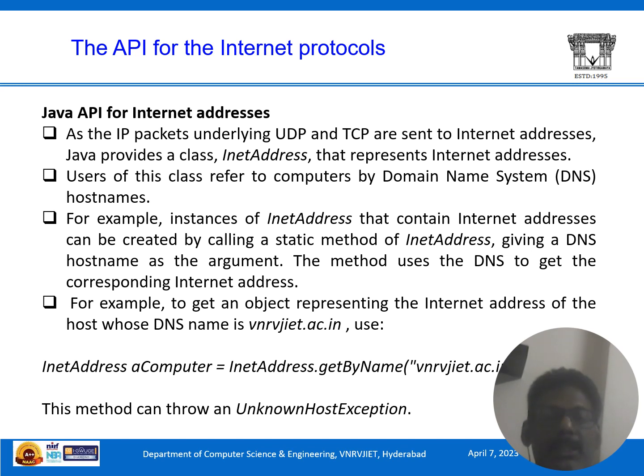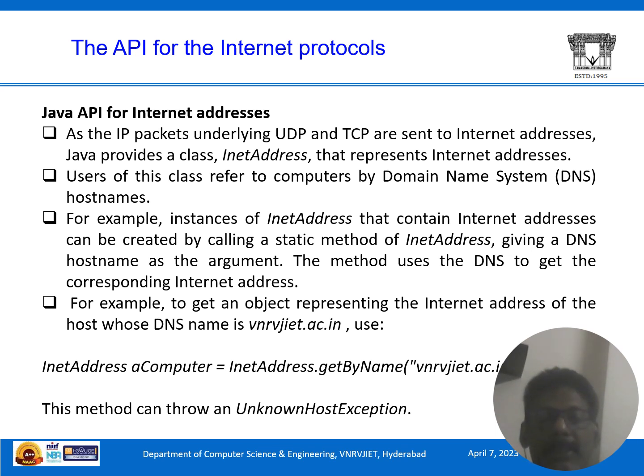For example, instances of INET address that contain internet addresses can be created by calling a static method of INET address, giving a domain name service hostname as the argument. This method uses the domain name service to get the corresponding internet addresses.